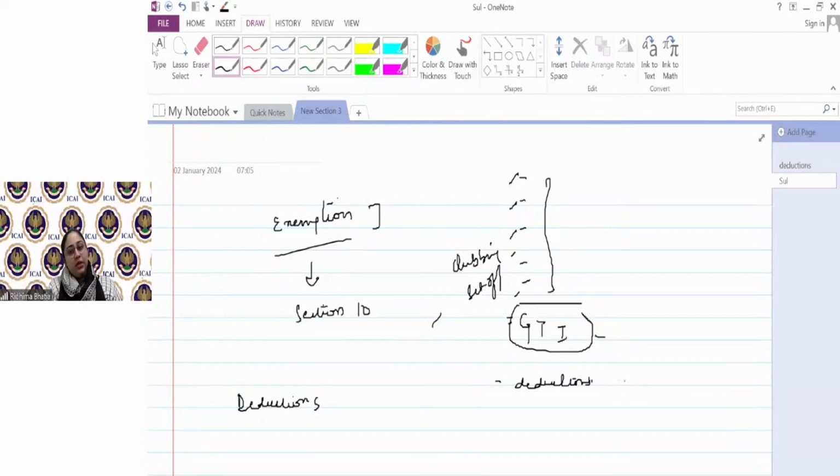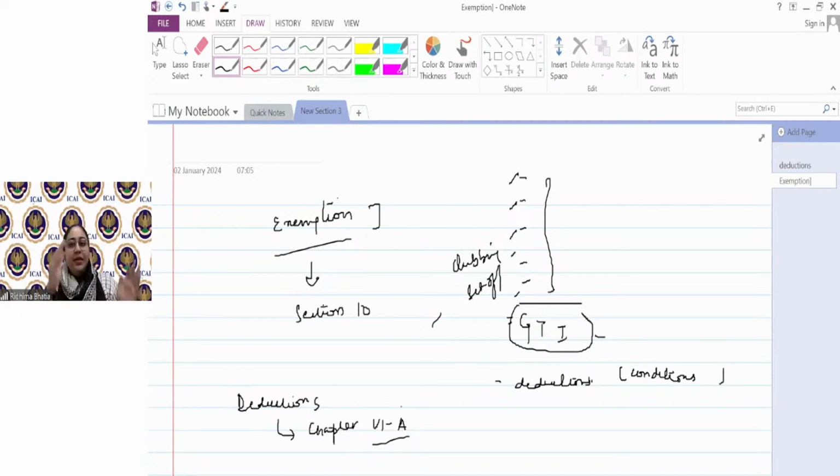These are again condition based and come under chapter 6A. Chapter 6A is not your book's chapter. Chapter 6A of Income Tax Act 1961.